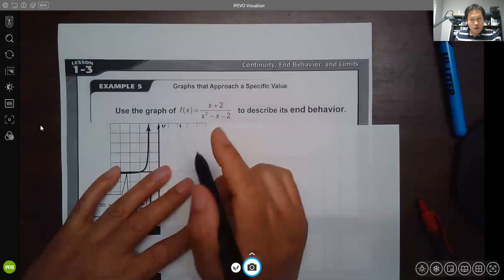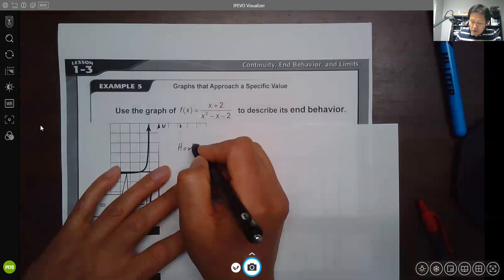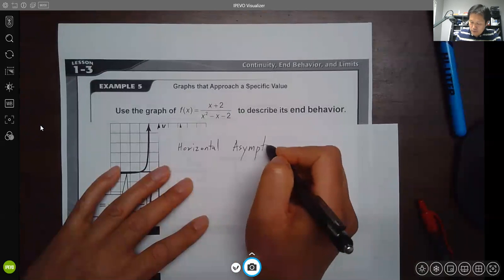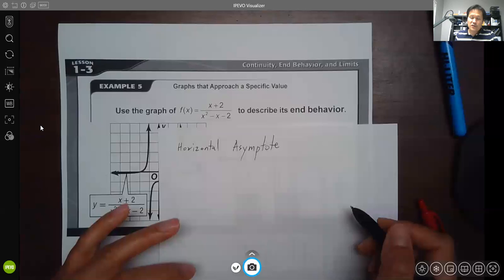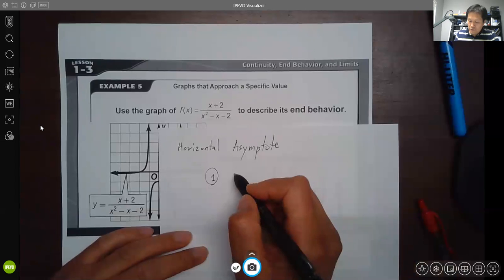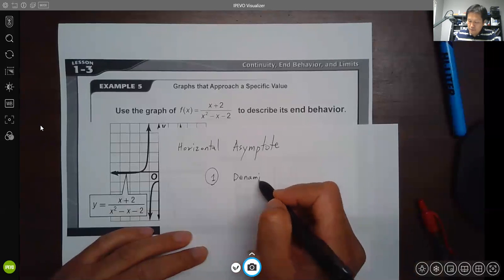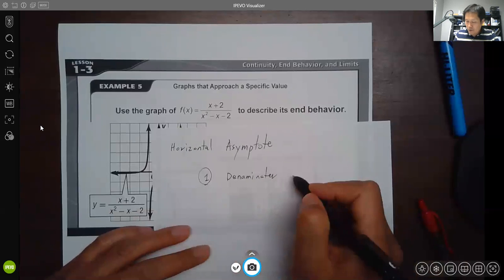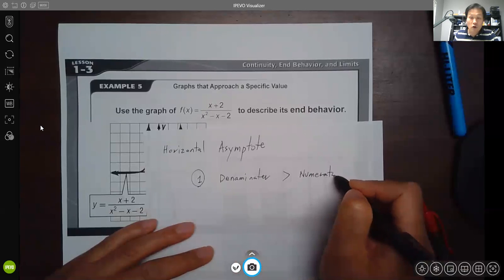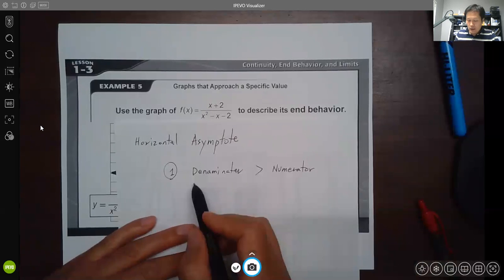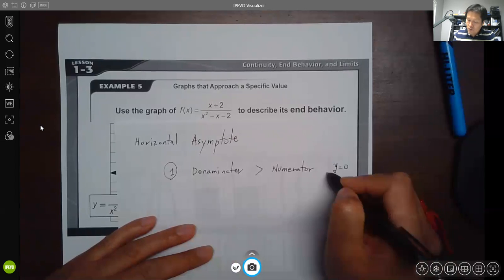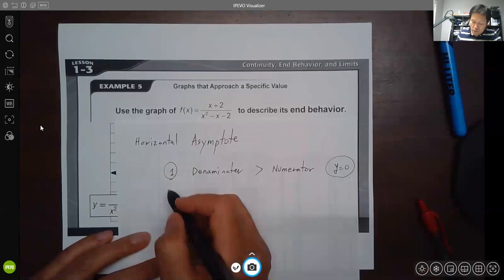Okay, in a rational function, you have a horizontal asymptote. There are three different scenarios. First scenario, if the denominator has a higher power than the numerator, I'm talking about the power of x, then y equals 0 is a horizontal asymptote.